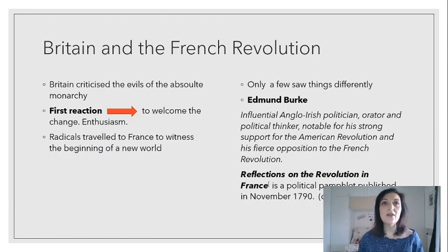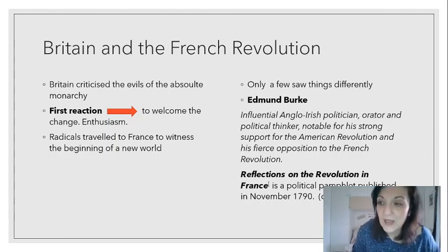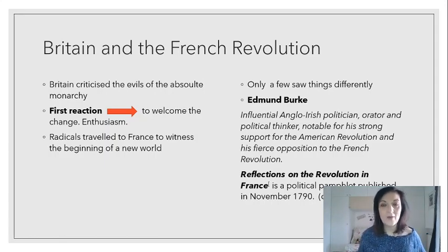And a lot of young British radicals moved to Paris to fight in the revolution, or at least to witness. Witness means per essere testimoni. To have a first-hand experience of the beginning of a new world, of this transition from monarchy to republic. They wanted to witness this moment.